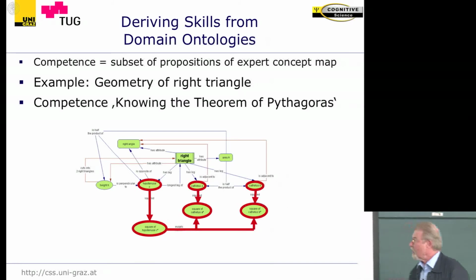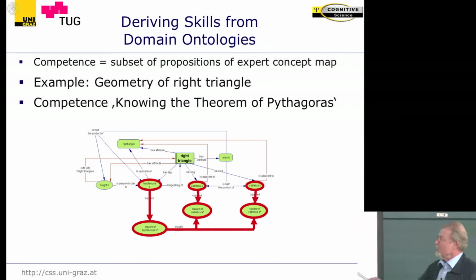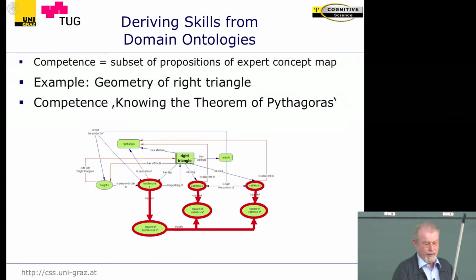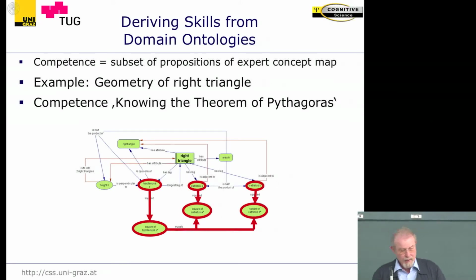So this is the concept map. This is the set of all the propositions, of all the knowledge which an expert has. So please note, it's of course a very small domain, so we only have a small concept map or a small simple ontology.